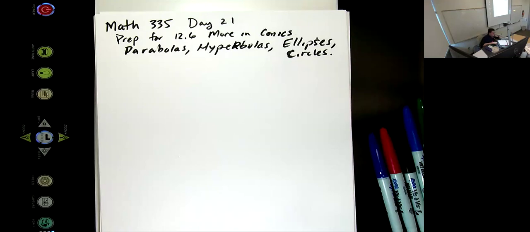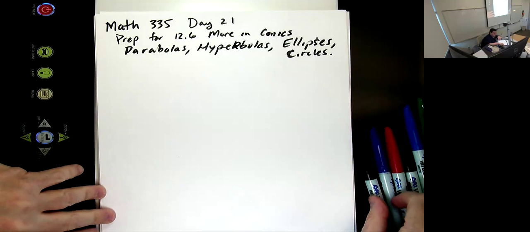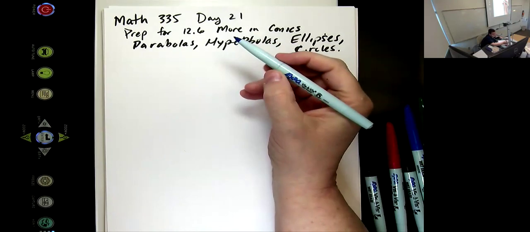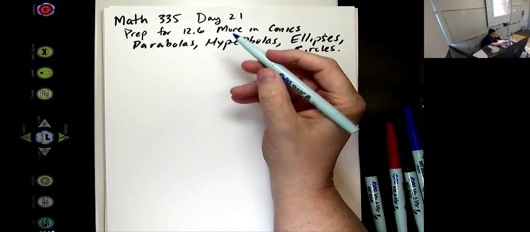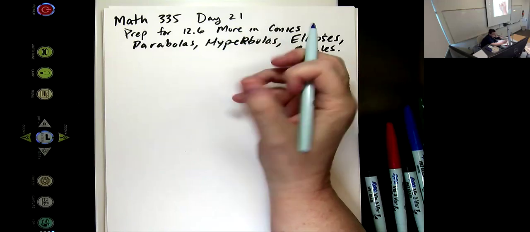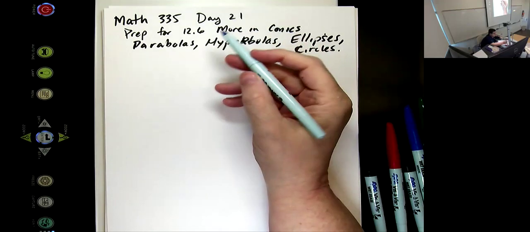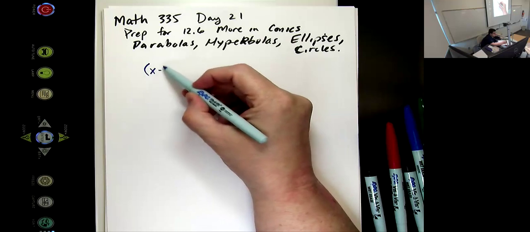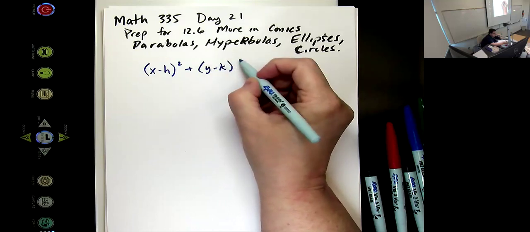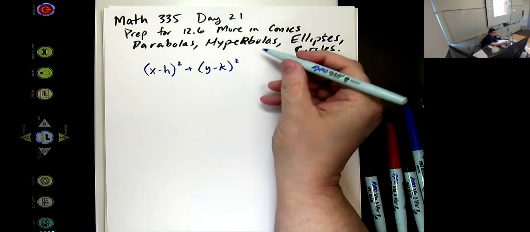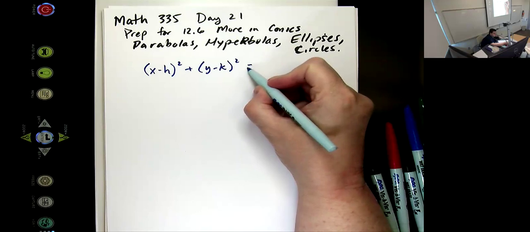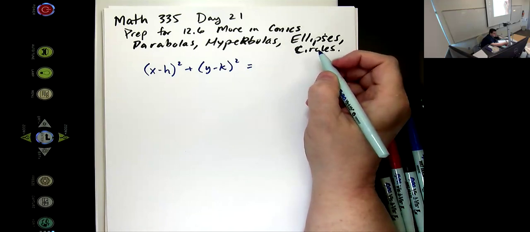So what equation do we have for a circle? (x minus h) squared plus (y minus k) squared, you had to do minus, because we do the minus, equals r squared.